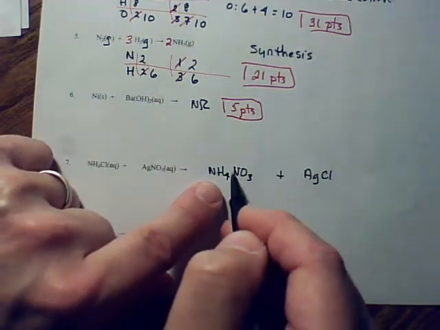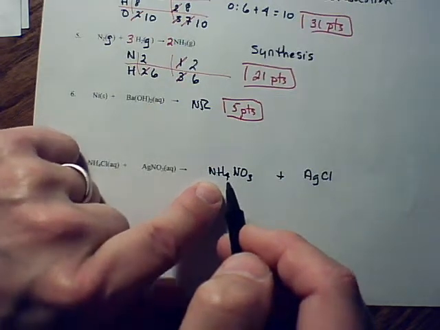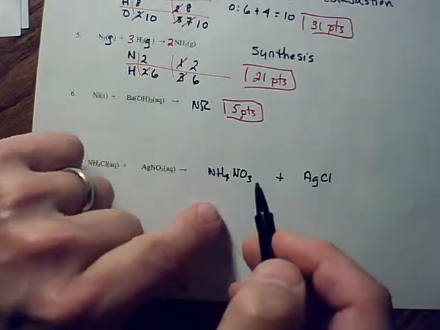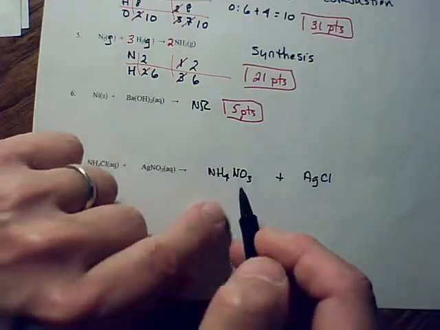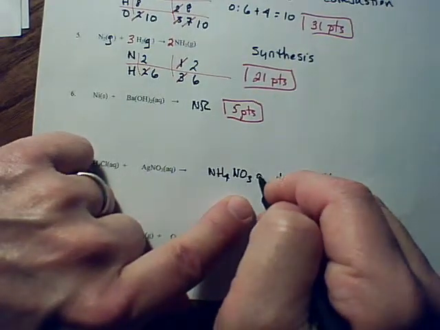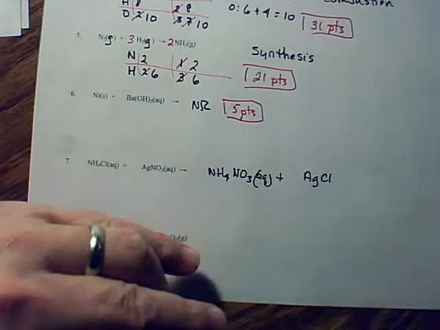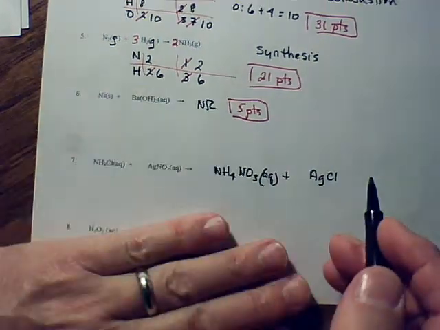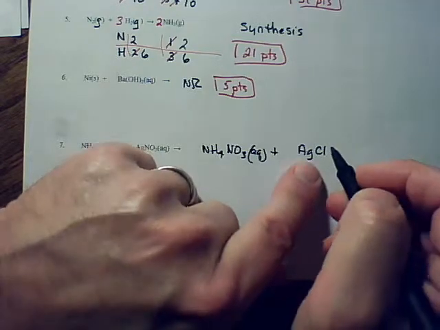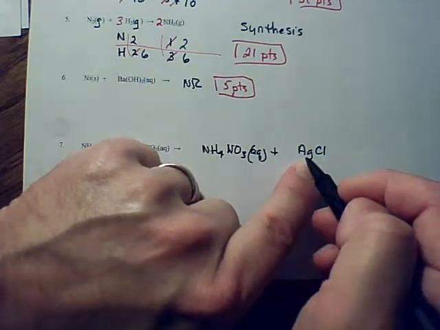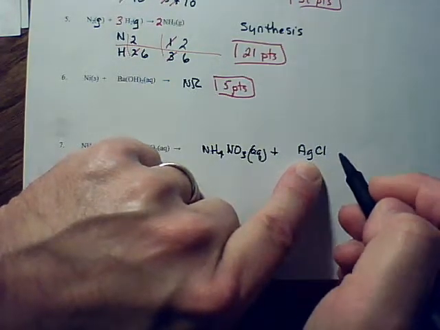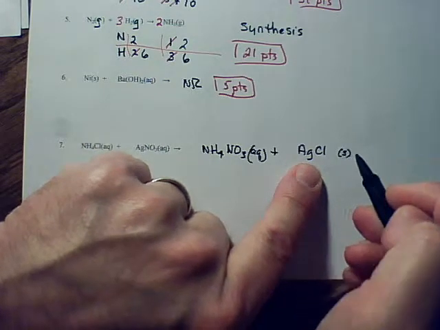Well, ammonium and nitrate compounds are always aqueous. So if you've memorized the solubility rules, you should know that this is going to be aqueous now. And there's no exception for ammonium or nitrate. And then chloride compounds are mostly soluble, but silver is one of the exceptions. Silver chloride is going to be a solid.